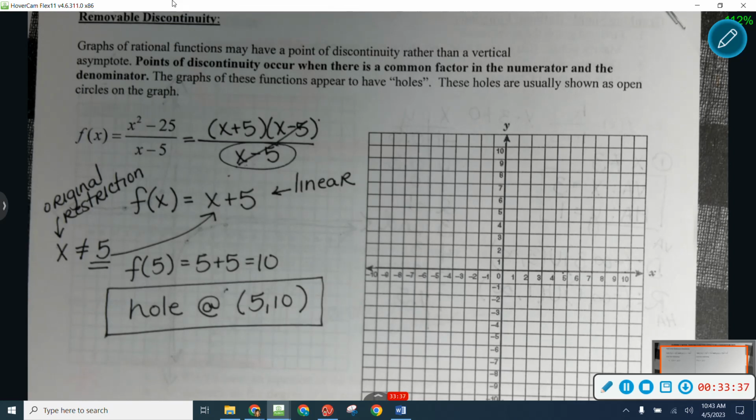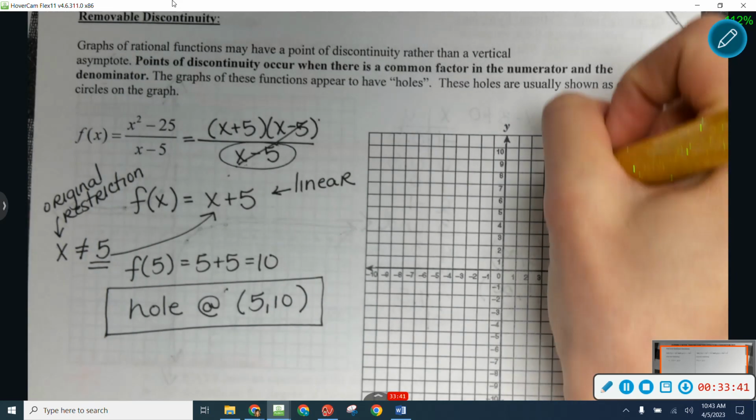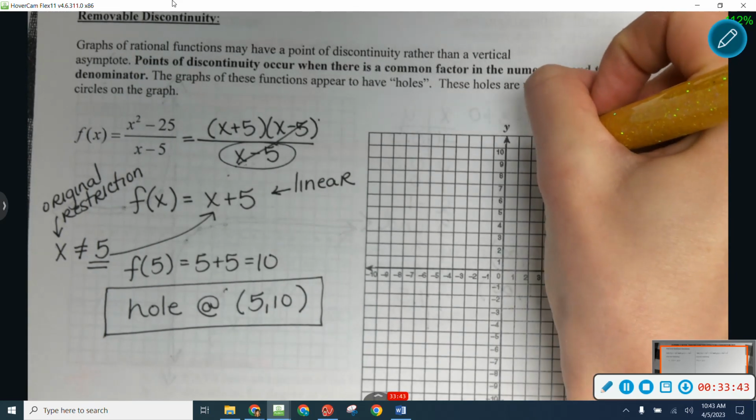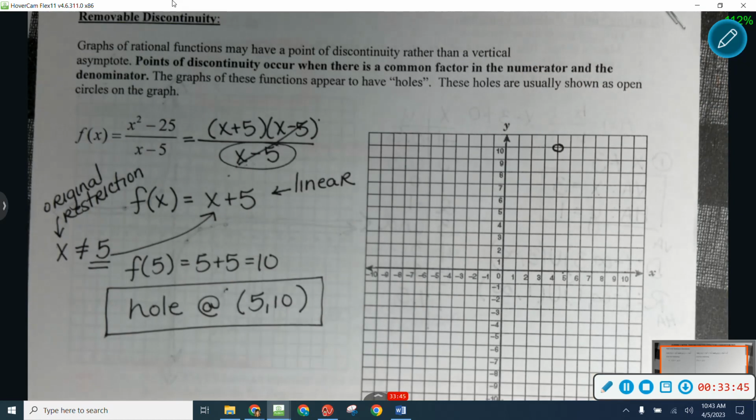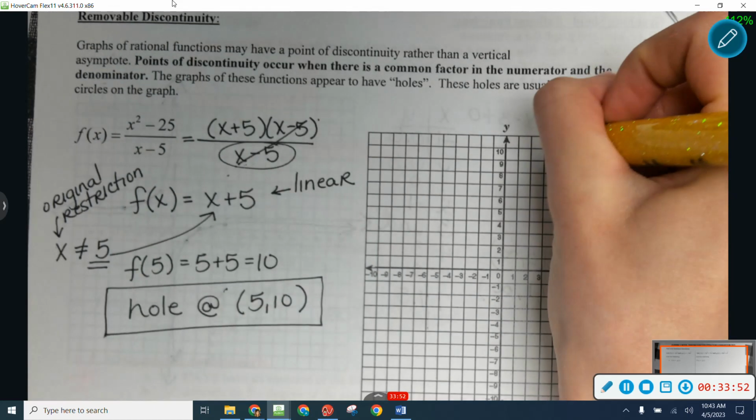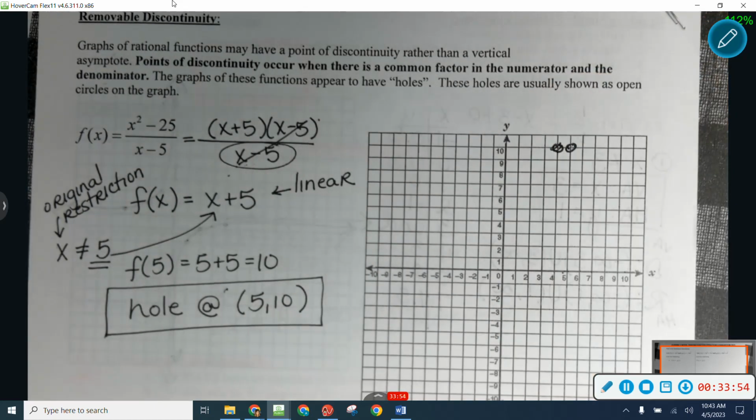It's just a removable discontinuity, or a hole. So at (5, 10), I'm going to put an open circle to notate that that's my hole. I did that at (4, 10) because I can't count today. Okay, there's (5, 10). My bad.